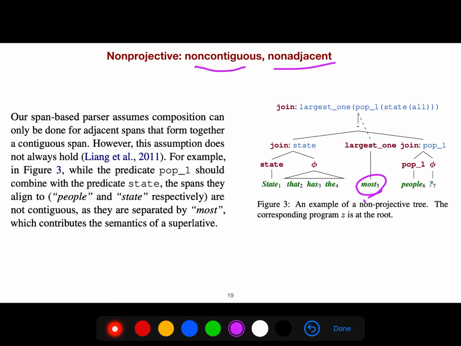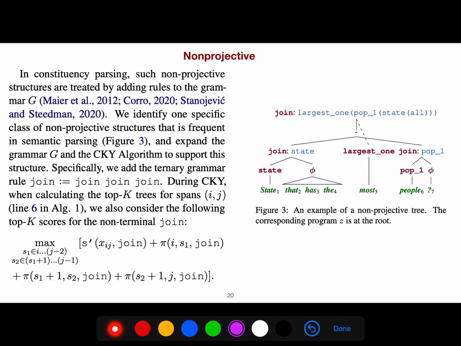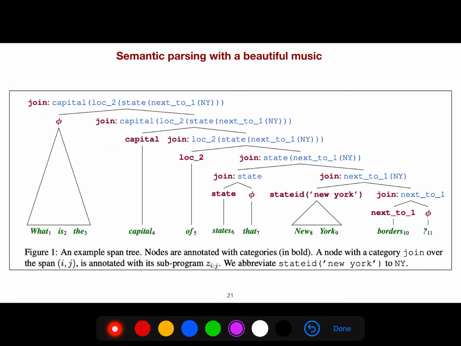We cannot use projective. So that's why we add, no problem, the ternary grammar rules, join. So we can resolve this issue, no problem. So consider the top k scores, and then we can now resolve the non-projective tree.